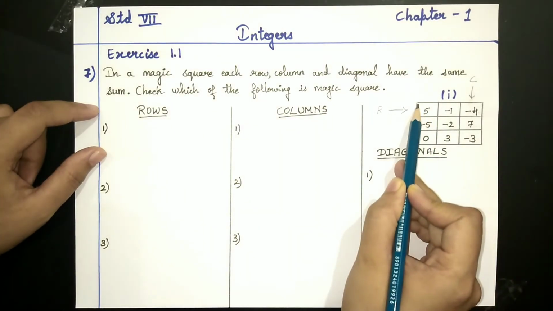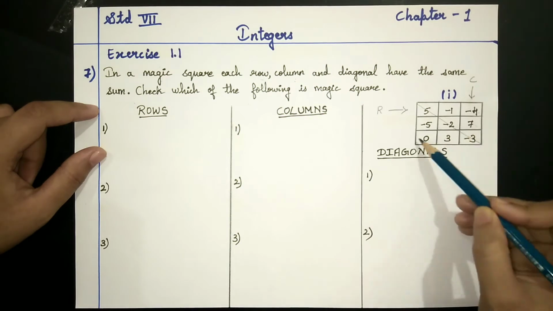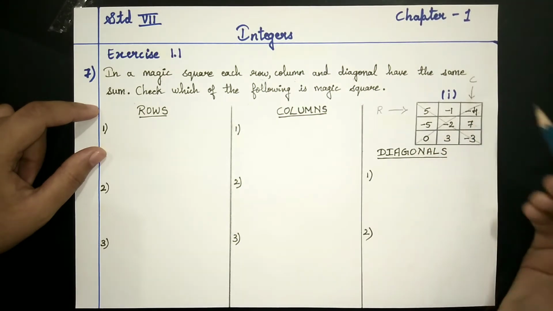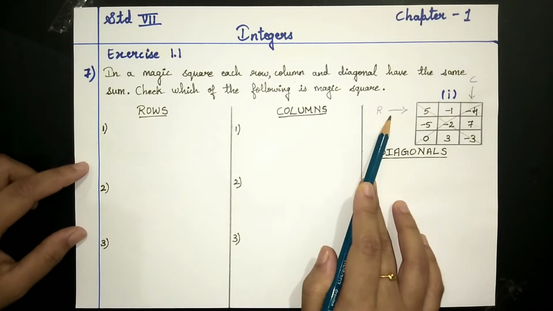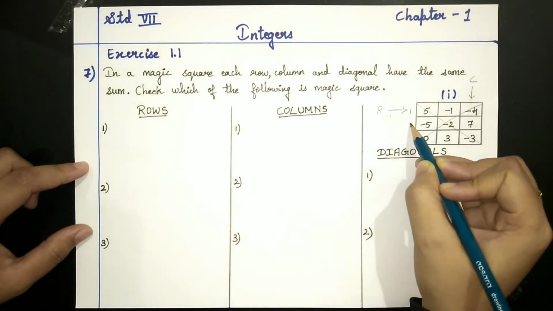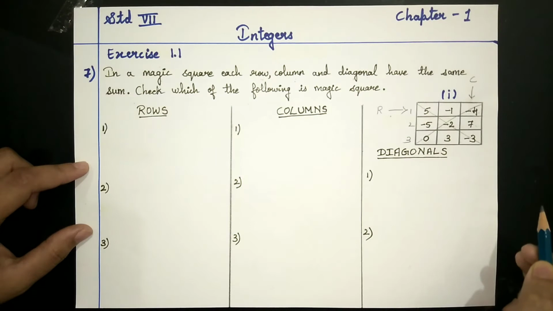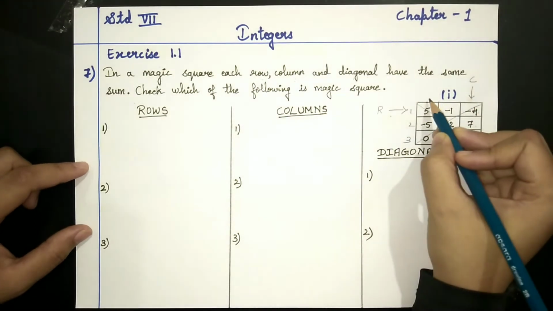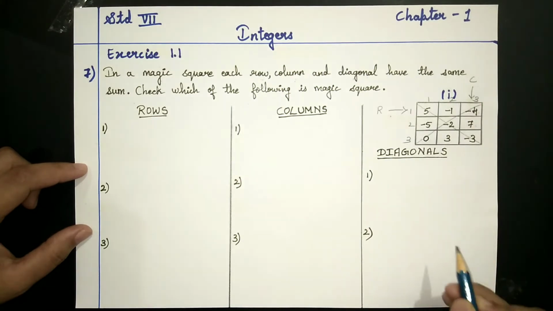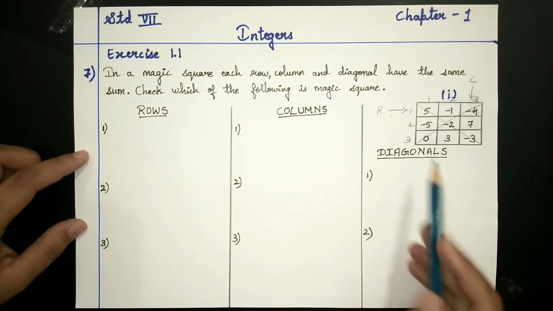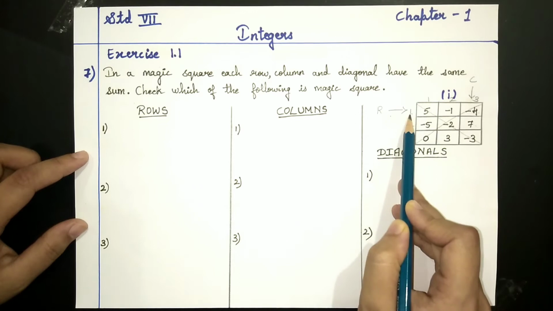Diagonals are these cross ones, like this one and this one, two diagonals, okay, fine. So let us start with row. This is row 1, 2 and this is row 3, and then we have got columns here, column number 1, column number 2 and then column number 3, okay. Let us solve one by one, starting with row number 1, okay.